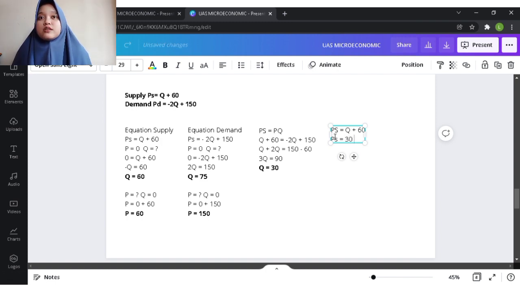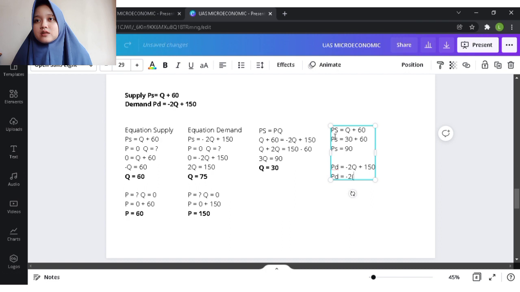And we do the same with the demand equation. PD equal to minus 2K plus 150, and then we insert 30 into the equation, minus 2 times 30 plus 150.